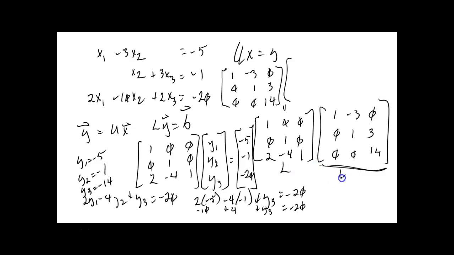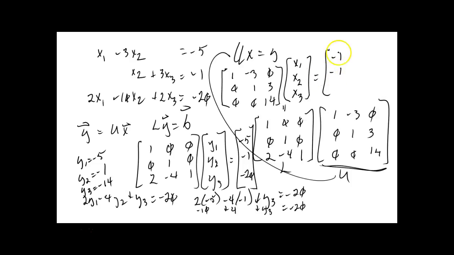Here's L, this is U, right? That's what we're multiplying here. This is x1, x2. Yeah. U is this, okay? And this is equal to your y. And your y was -5, -1, -14. Pretty negative situation there, isn't it?